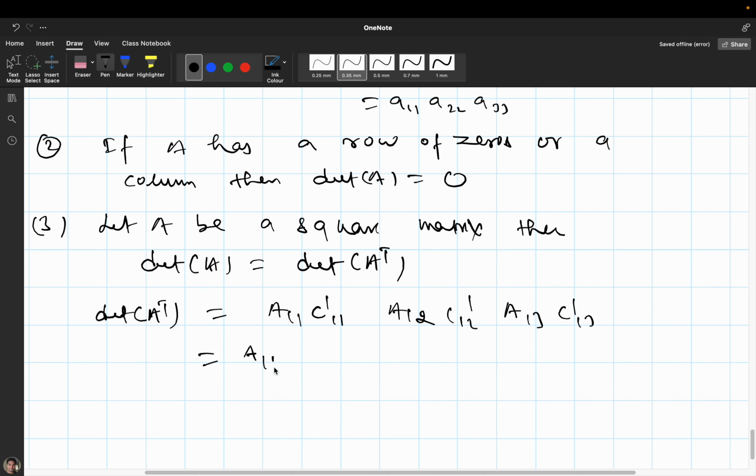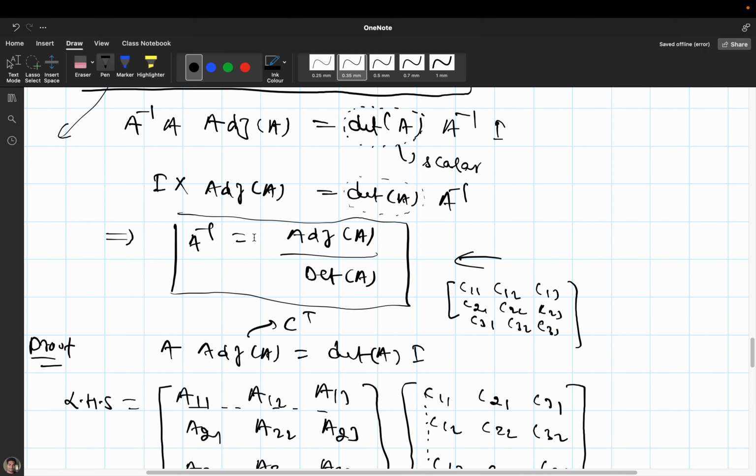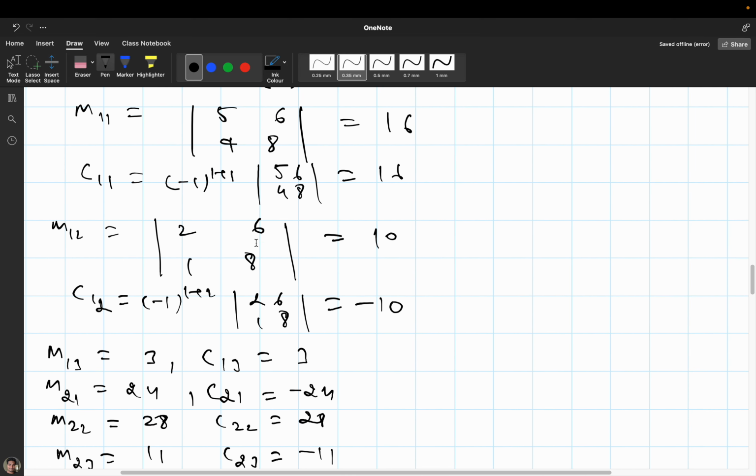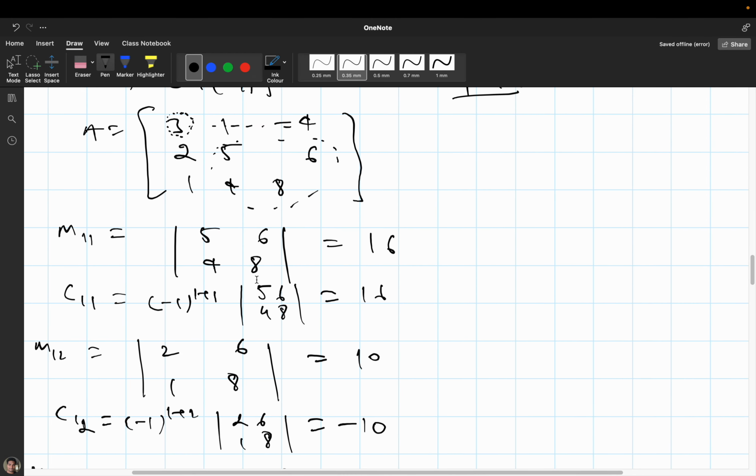Now you can see that C-11 is nothing but the row has changed. This row will just flip. At the place of 5, 6, it will become 4, 8, 5, 6. Are you able to get it?